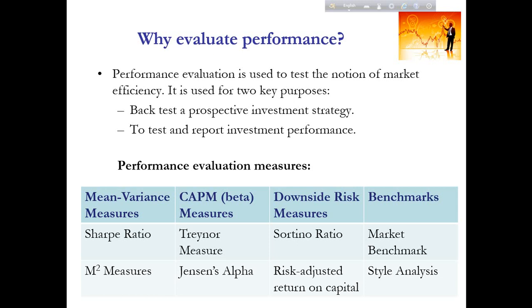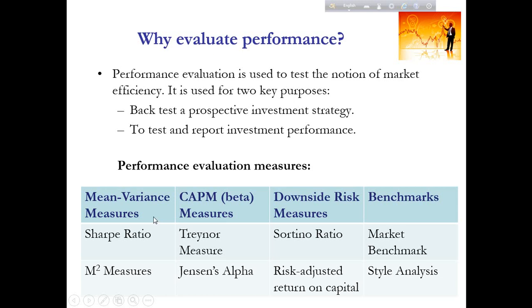So when we go about evaluating performance, there are a range of different measures that we might use. In all instances, they are looking at a trade-off between risk and return. However, there are different ways that risk and return are measured across those different evaluation measures. The first group are mean-variance measures.